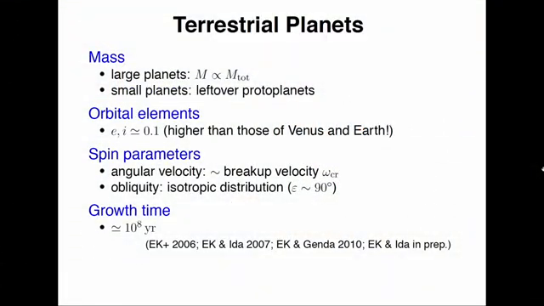The typical outcome of the giant impact stage is two large planets and one or two leftover protoplanets, which may correspond to Mercury and Mars. About the orbital elements, the eccentricity and inclination of 0.1 is typically higher than those of Venus and Earth, so we need some damping after the completion of the planets.